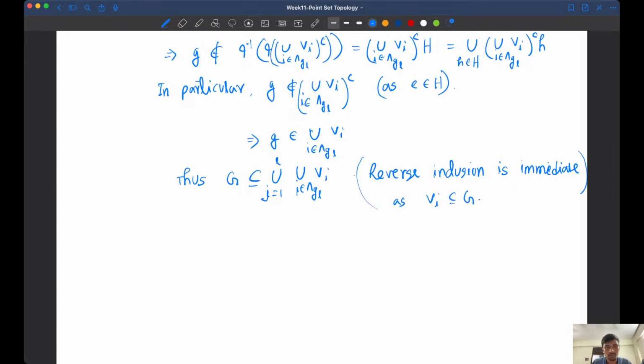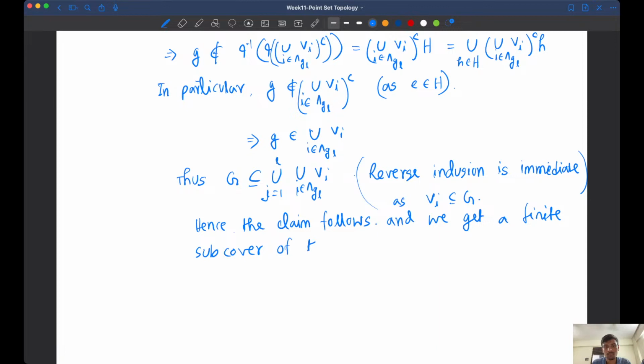Hence the claim follows. And we get a finite subcover of G. Thus G is compact, right? So any confusion here?